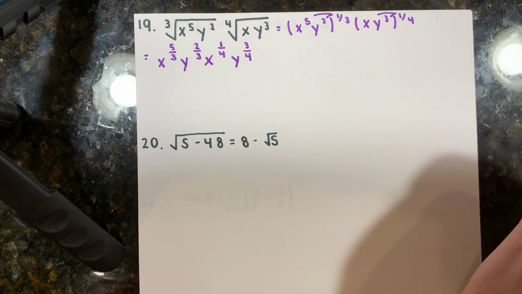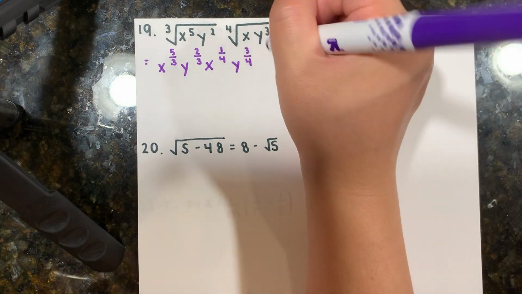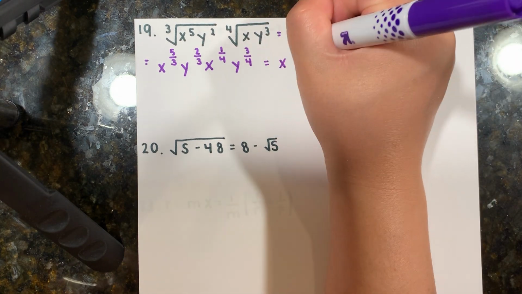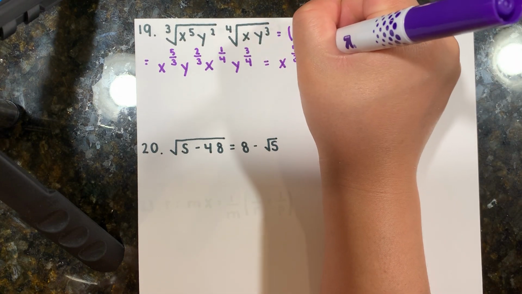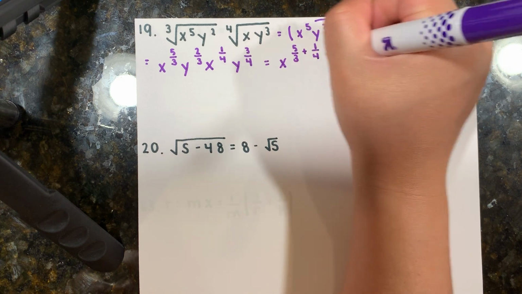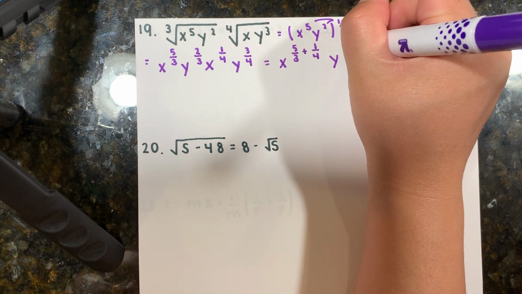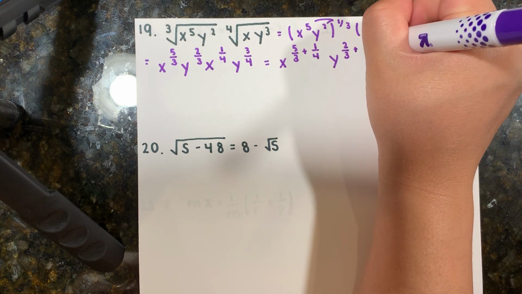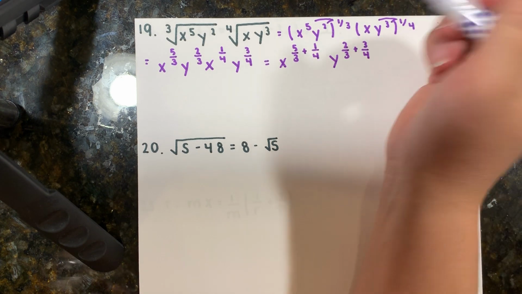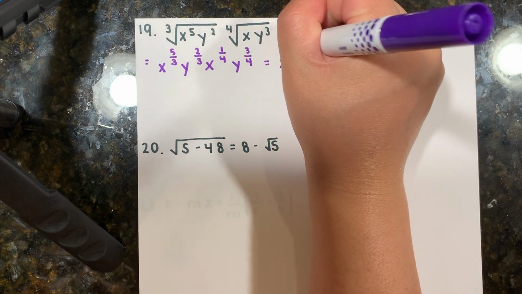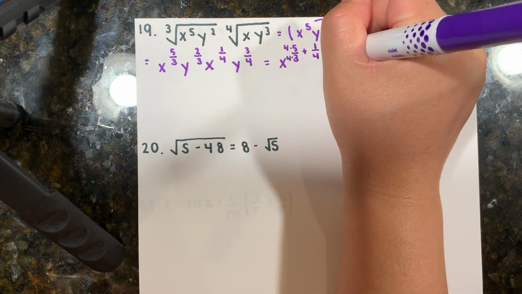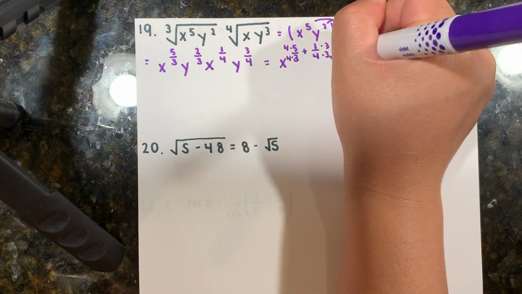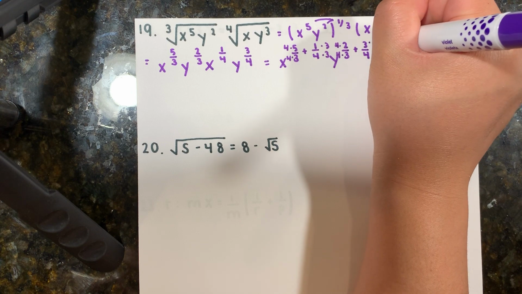So we're going to add the x's together as well as the y's together. So this would be x to the 5/3 plus 1/4, and then y to the 2/3 plus 3/4. We need a common denominator for both, so I'm going to multiply this by 4, this by 3, this by 4, and this by 3.